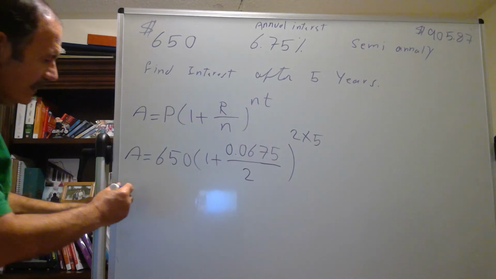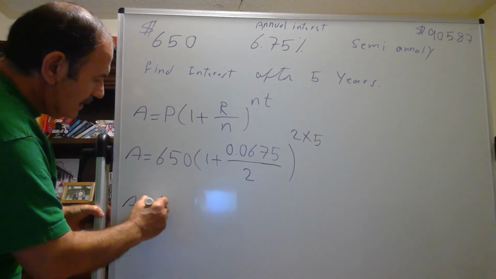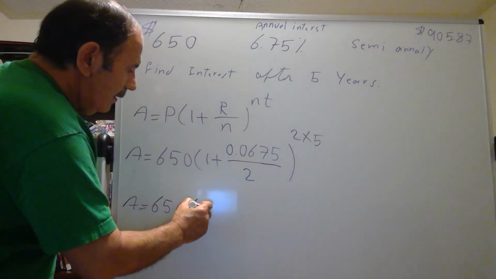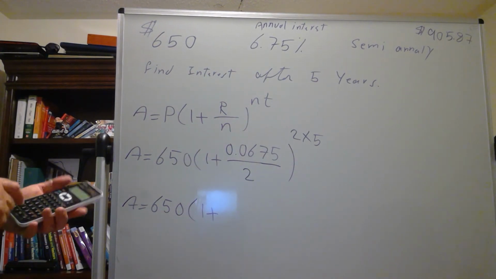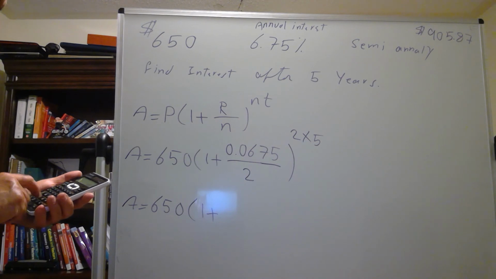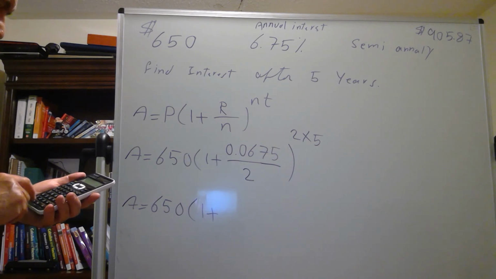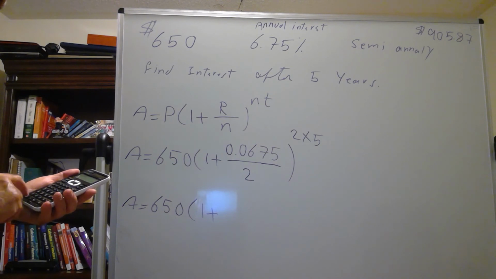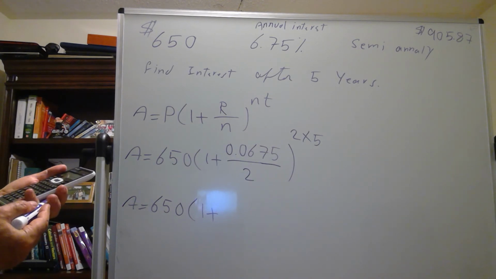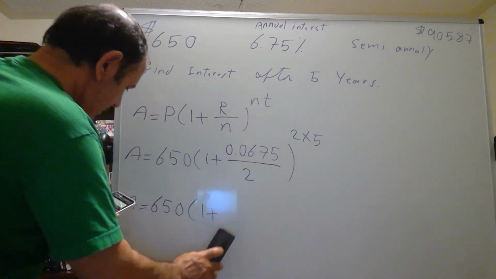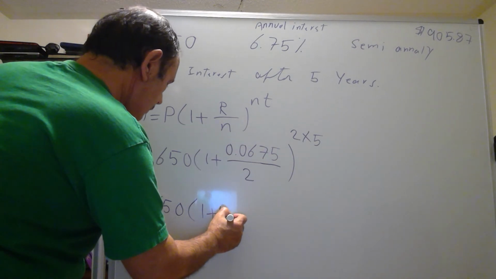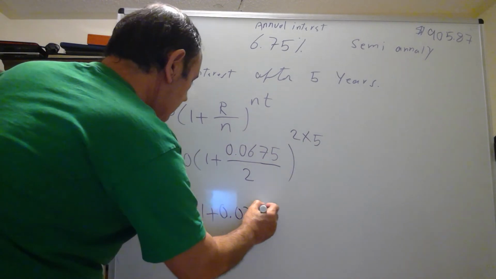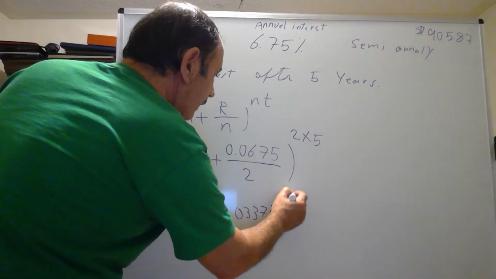Now, if I calculate this one, it's going to be 650 times 1 plus 0.0675 divided by 2, which is 0.03375, to the power of 10.